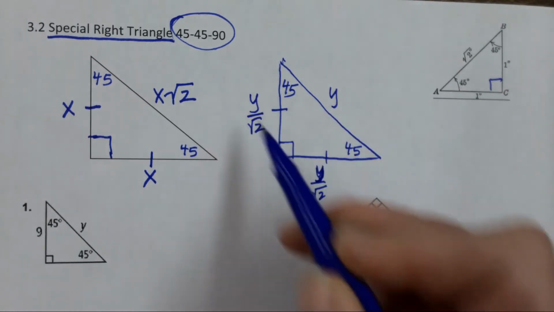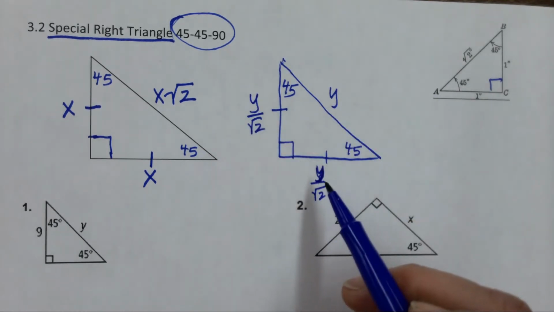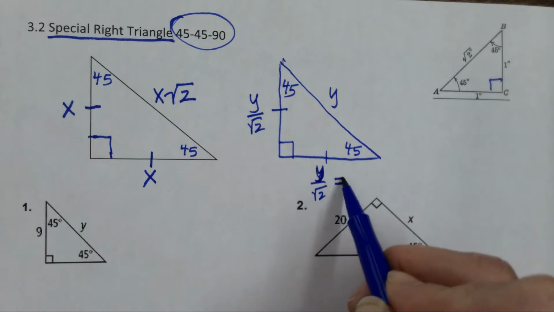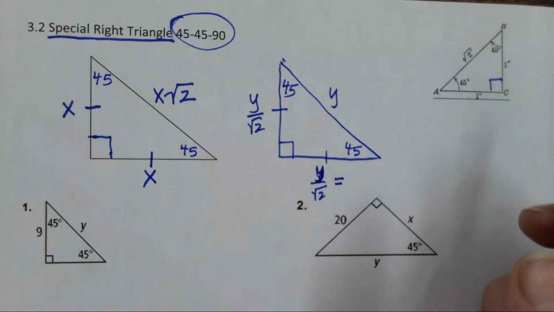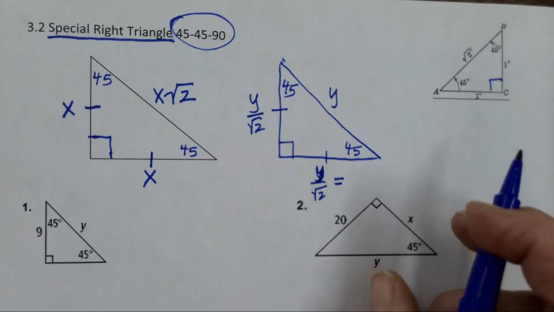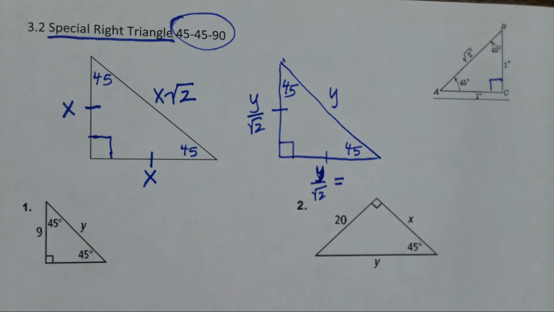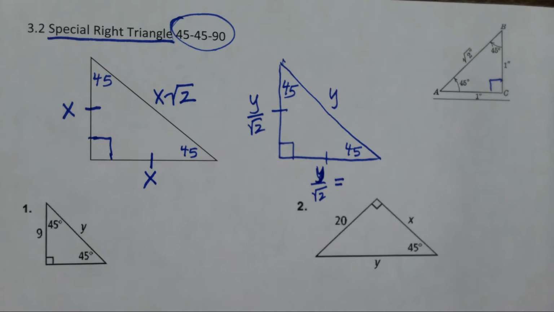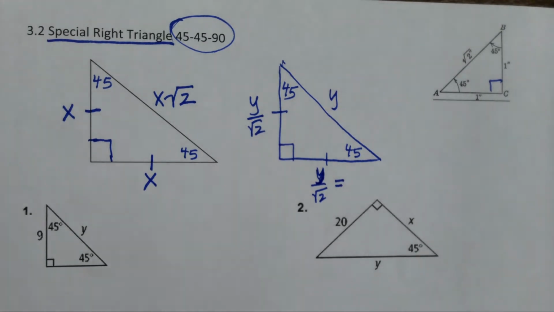Is this a good way to leave this? No. How else can we write this? How do we rationalize the denominator? You remember doing that from a couple days ago? How do I get that? I sort of square it, but what do I square?